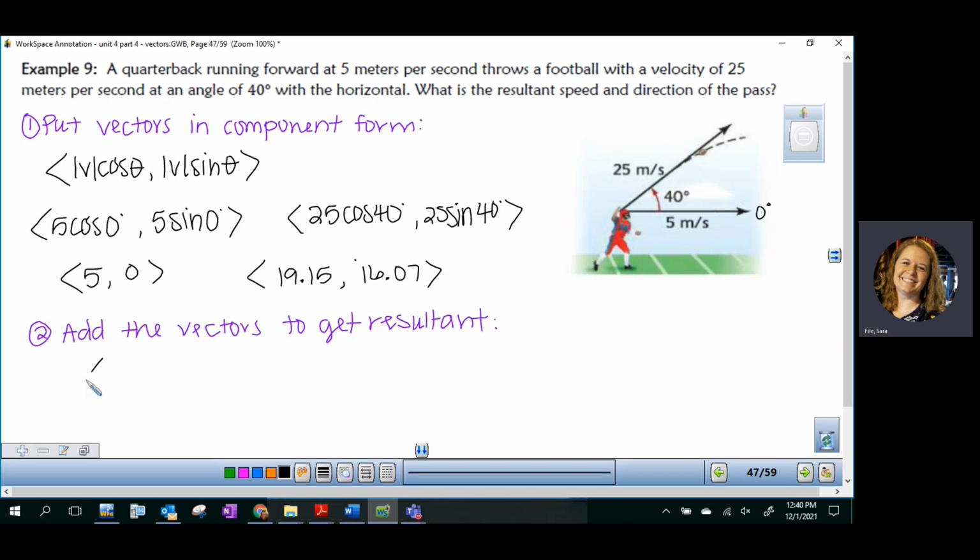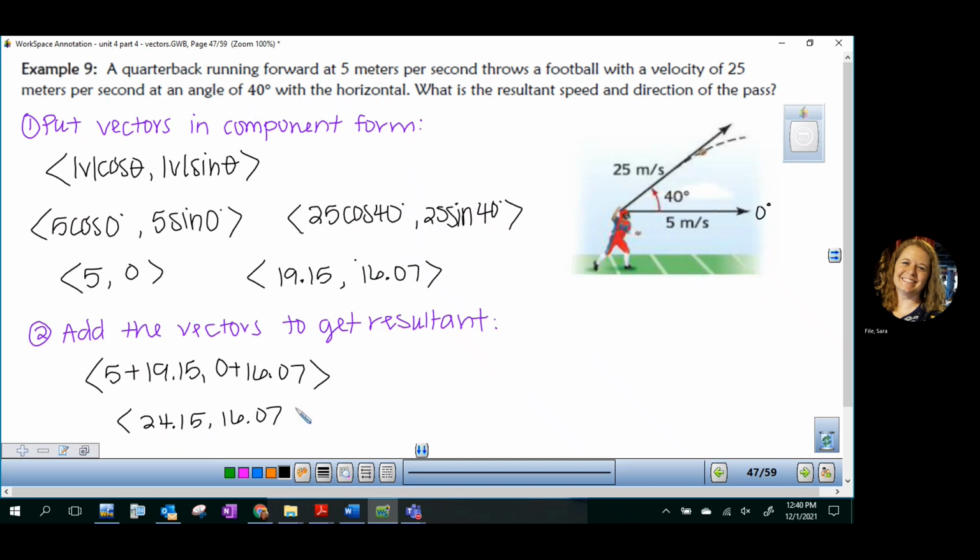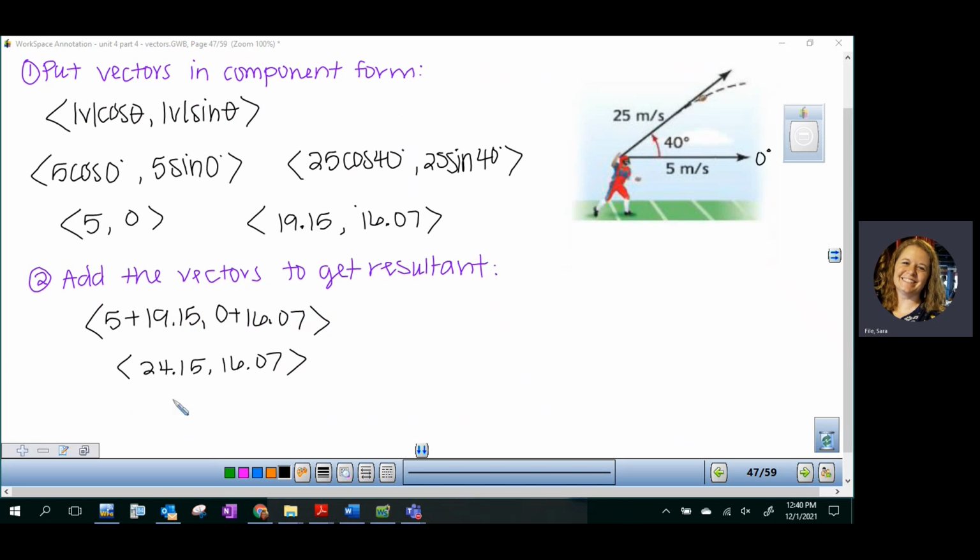All right, so I would be adding the horizontal component, that's the 5 and the 19.15. And I'd be adding the vertical, which is the 0 and the 16.07. So we get 24.15, and that's still 16.07. Everybody okay with that? So that's the resultant vector as a component form, right?